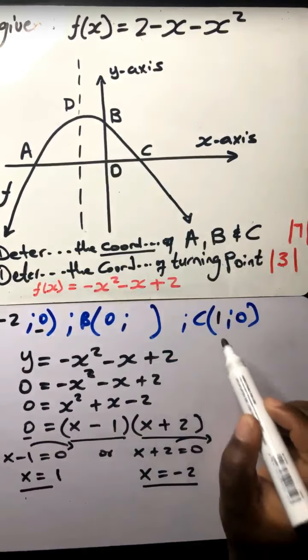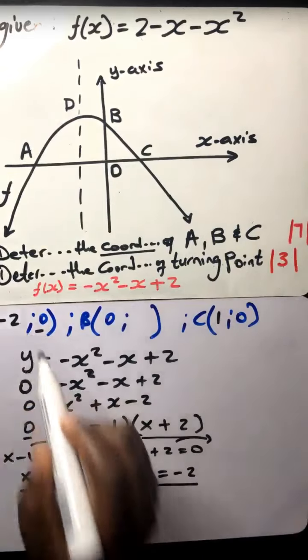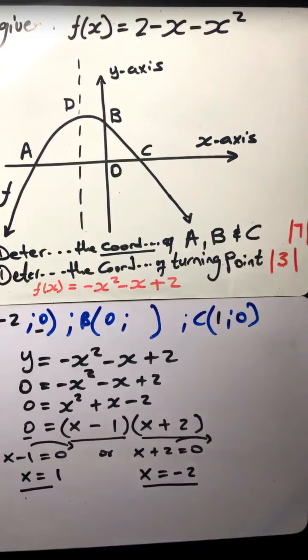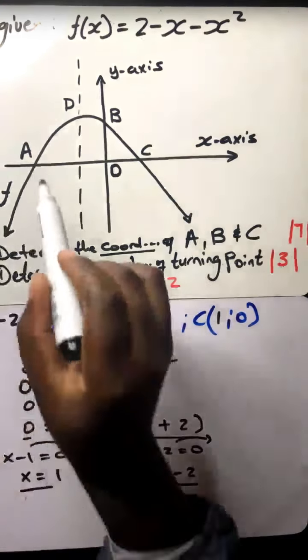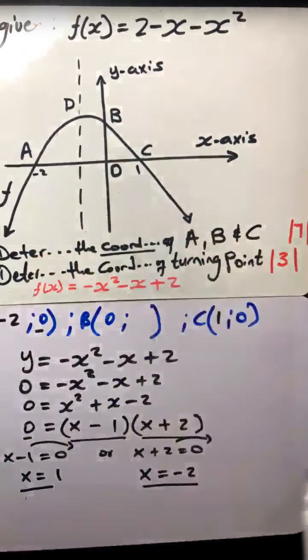Are you not, guys, being confused by C being positive 1 and A being negative 2? Does it make sense to everyone? Yes, sir. 100%. So there we've got negative 2, there we've got positive 1.